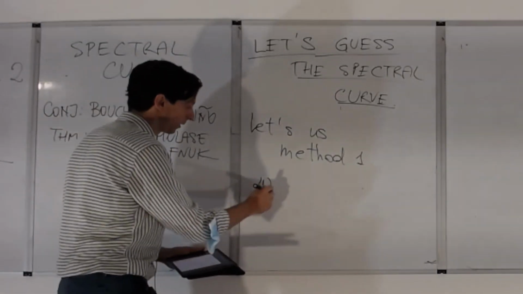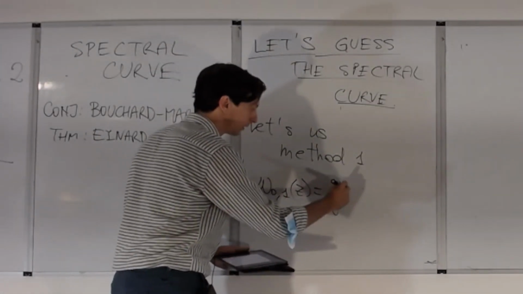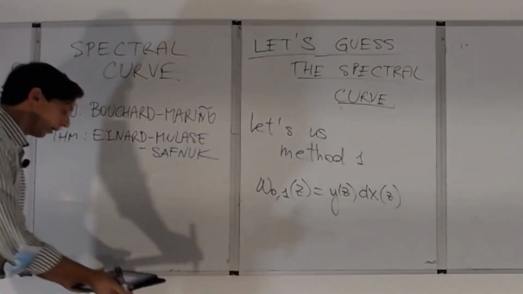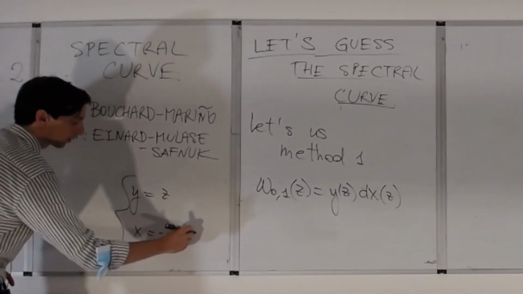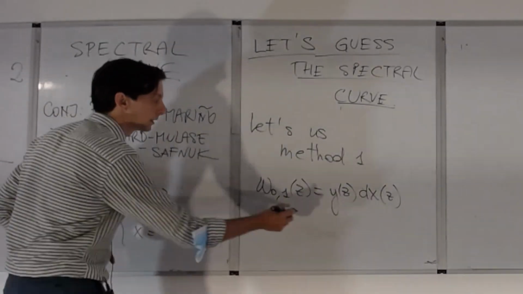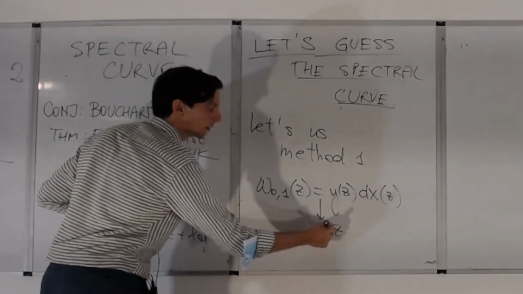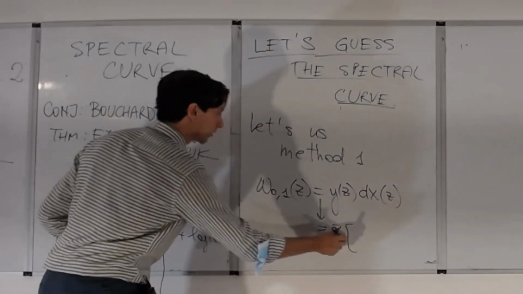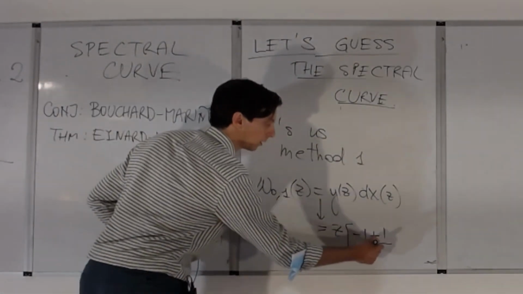So omega 0,1 of x of z is y of z dx of z. If you remember, y was equal to z, and x is equal to minus z plus log z. So dx is minus 1 plus 1 over z, times dz.